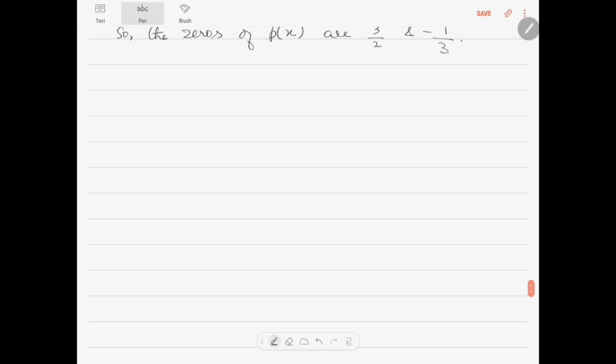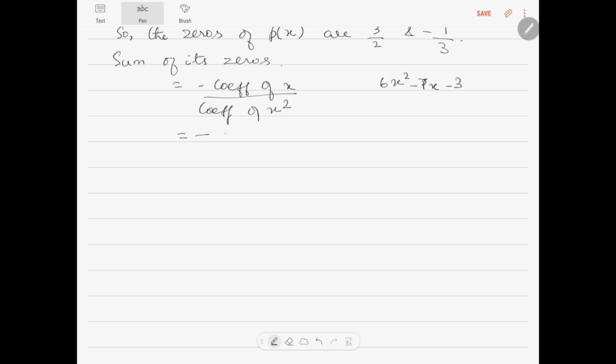Now we have to find the sum of its zeros, which will be equal to minus coefficient of x by coefficient of x square. So the polynomial is 6x square minus 7x minus 3.